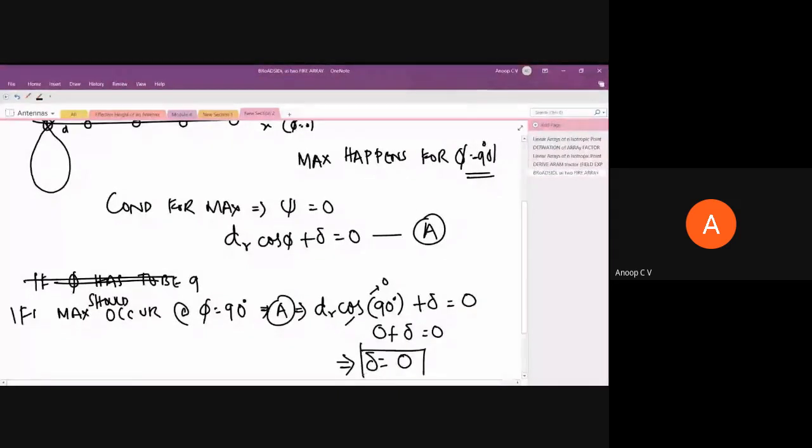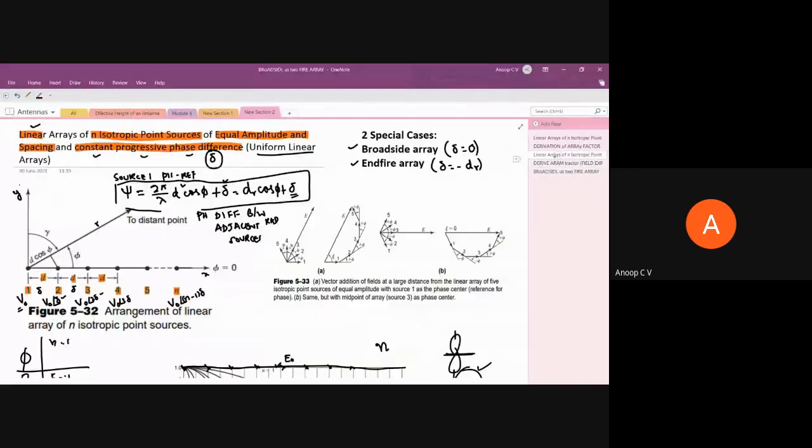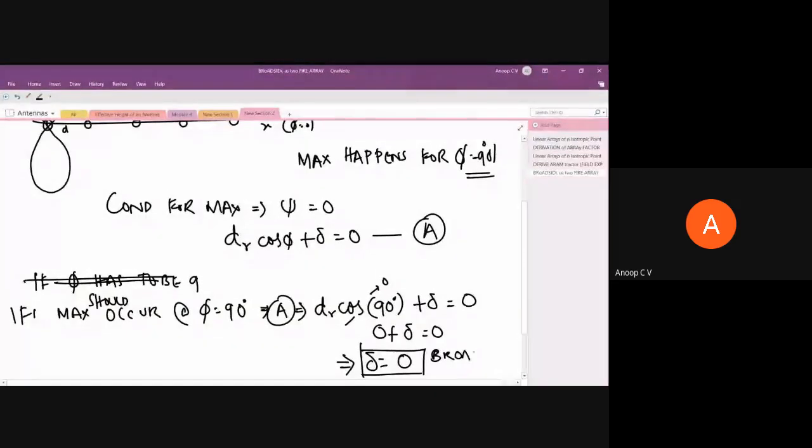That is the condition for a broadside array. I told you initially that delta equal to 0 will be the broadside array. At that time you didn't know what that was, but now I hope you can appreciate it.